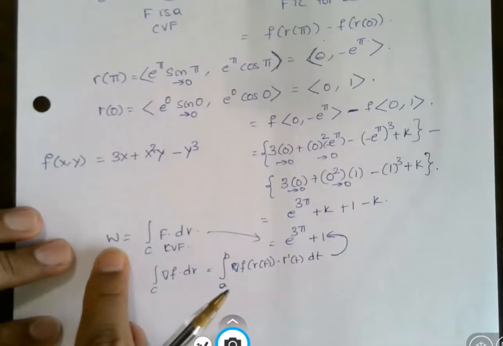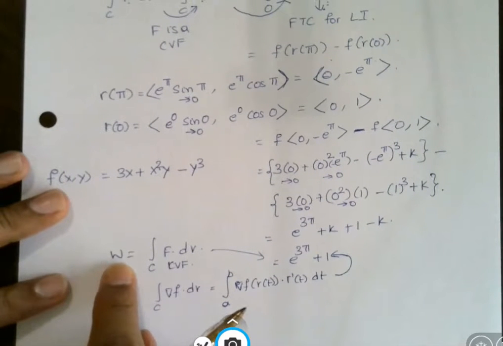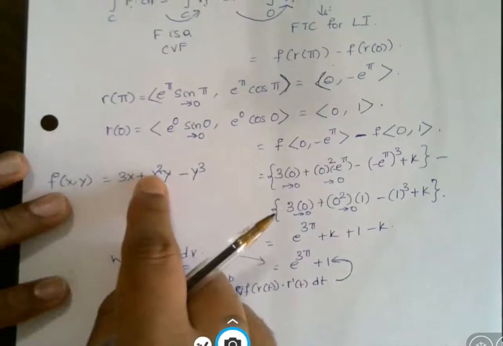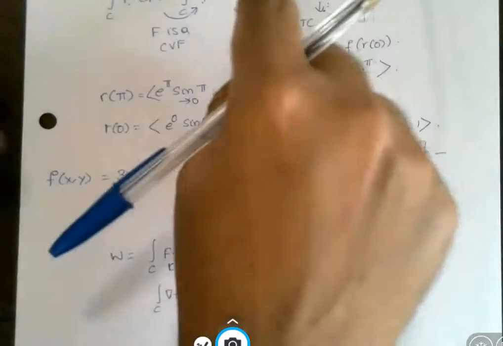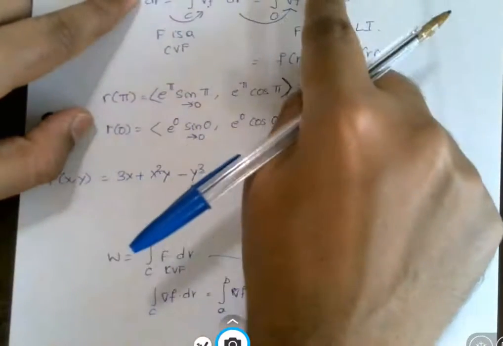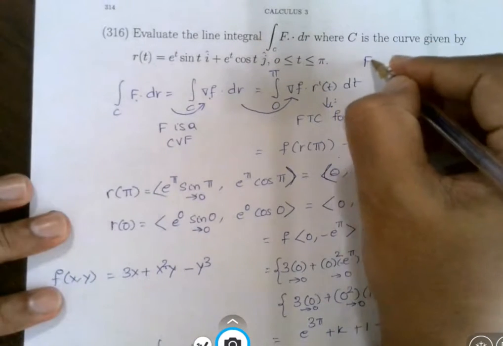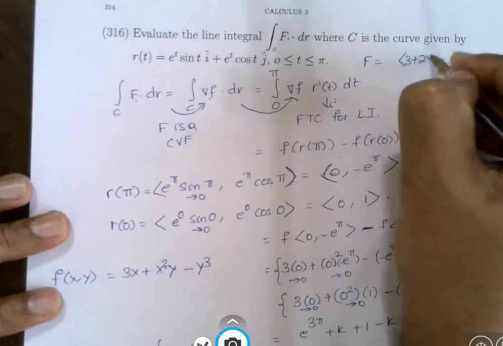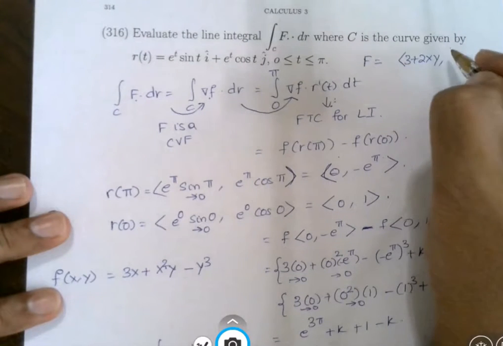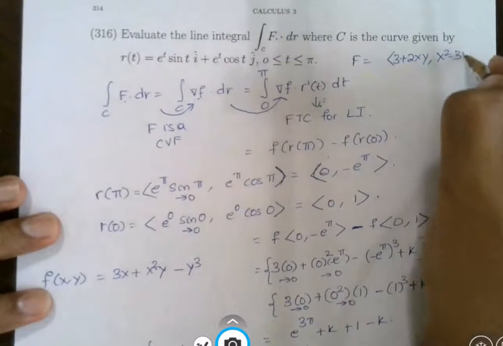Let's say your force is given by this conservative vector field, and you're moving an object along this path from 0 to pi. Recall F is 3 plus 2xy and x squared minus 3y squared.